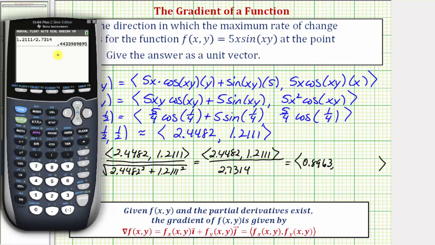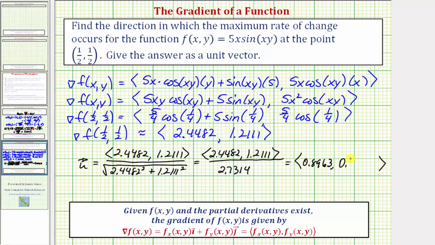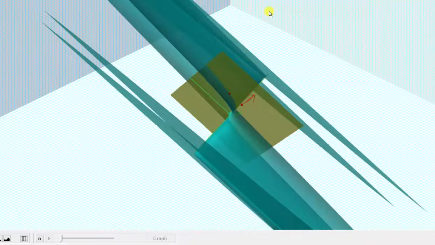So approximately 0.4434. So this is the unit vector that points in the same direction as the gradient of f, or the unit vector that points in the direction in which the maximum rate of change occurs for the function at the point 1/2, comma 1/2. And let's look at this graphically.